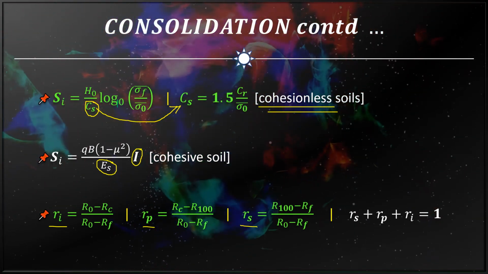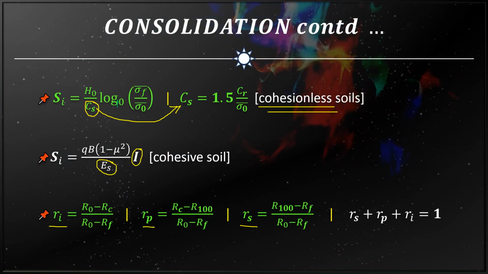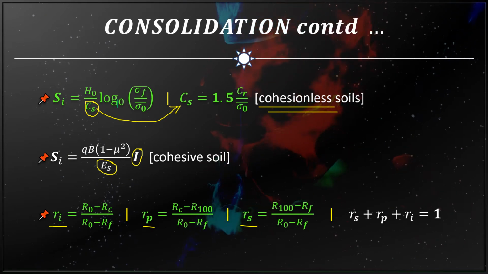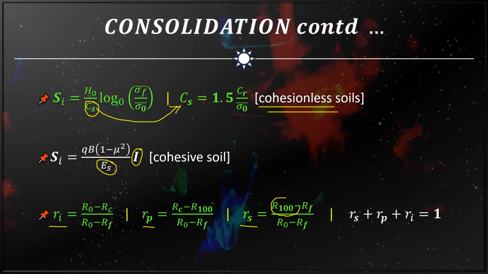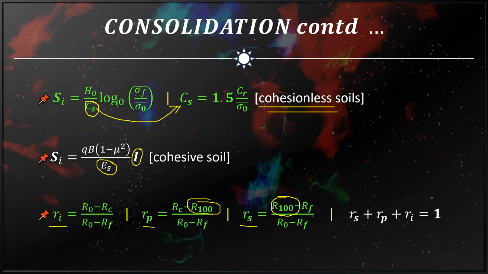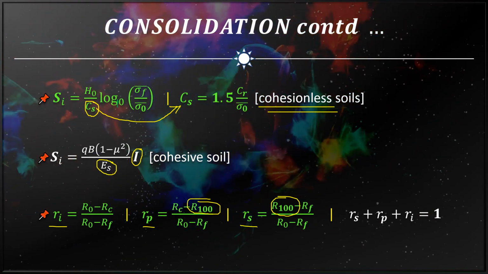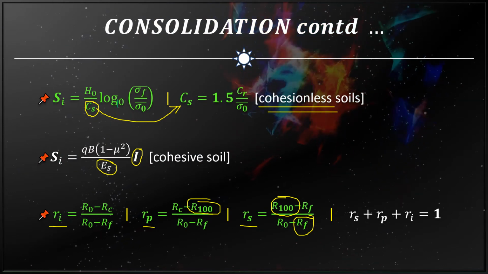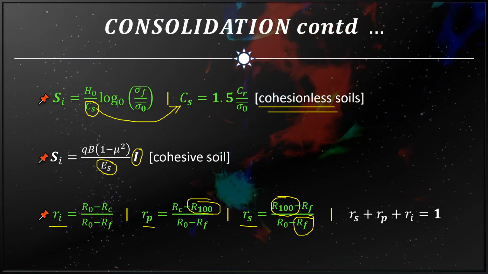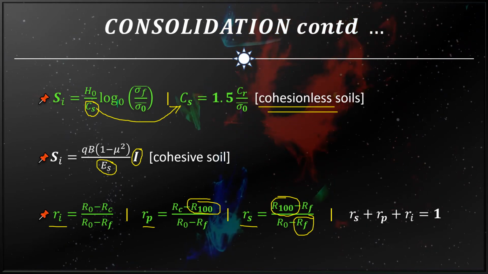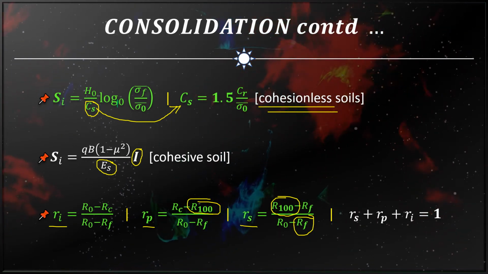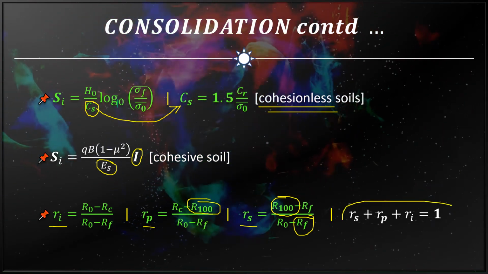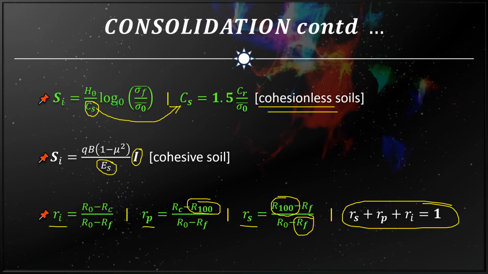R100 is the dial gauge reading after primary consolidation, and Rf is the final dial gauge reading. So accordingly, we have to use the formula to get the compression ratios. Ri is initial, Rp primary, Rs secondary, and the sum of all the ratios will give 1, that is unity.